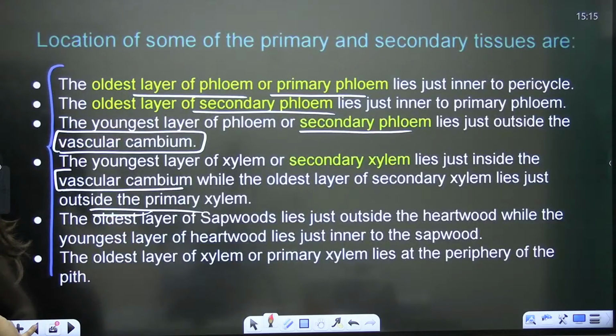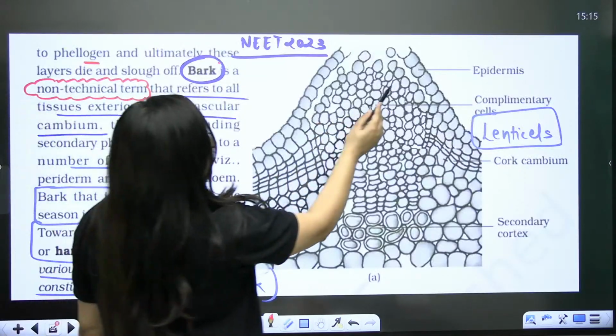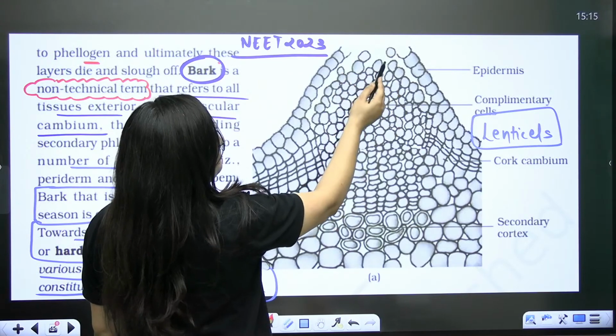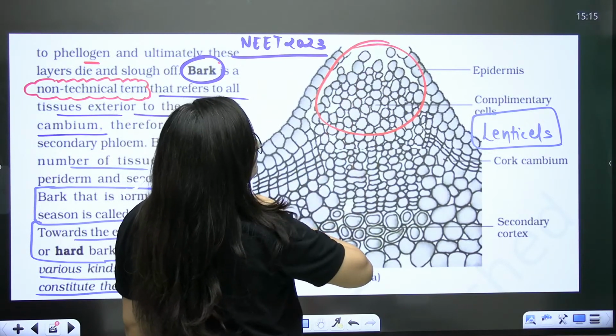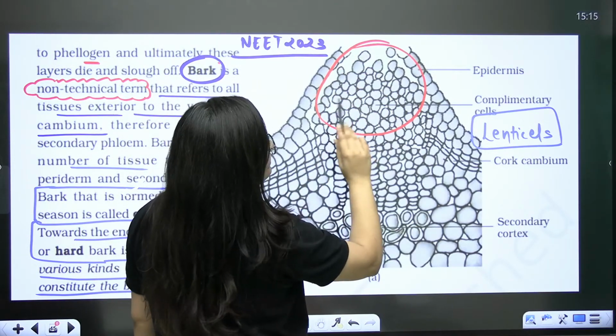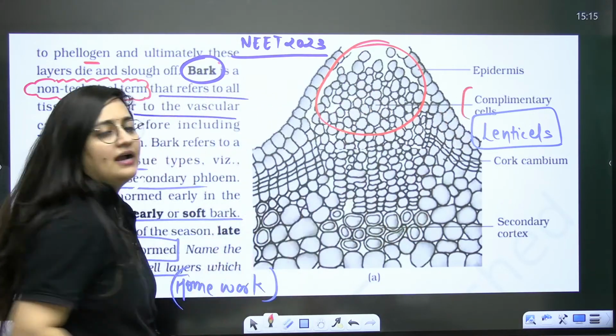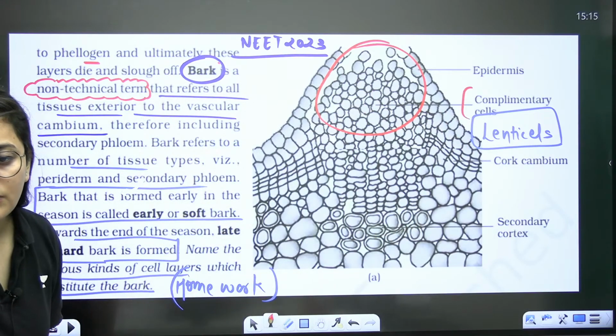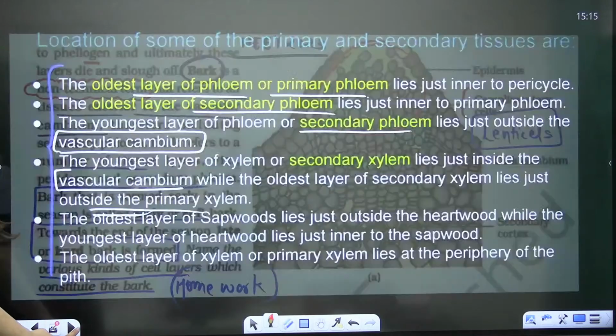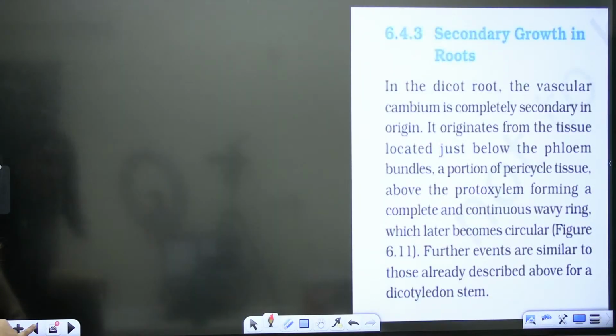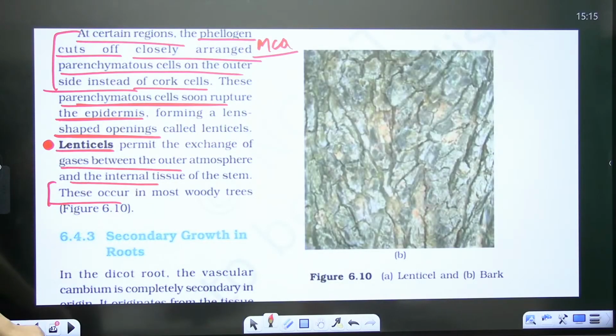Look at this diagram: the epidermal cells will break off, and here you have the living complementary cells making the lenticel. A lens-like structure will be formed. That's what you need to keep in mind. Done. And this is the bark.